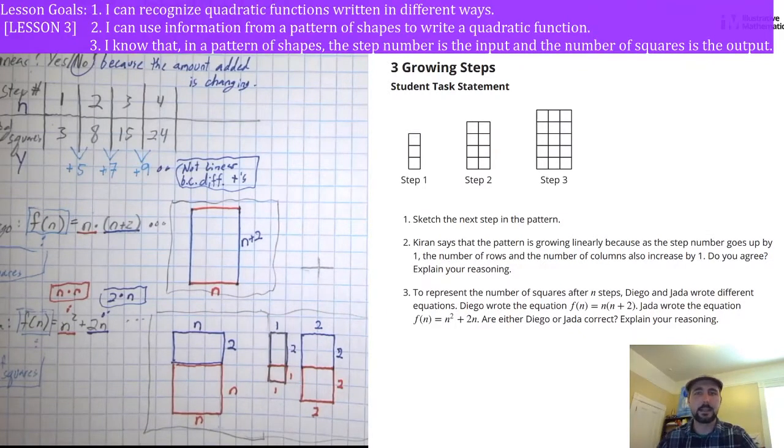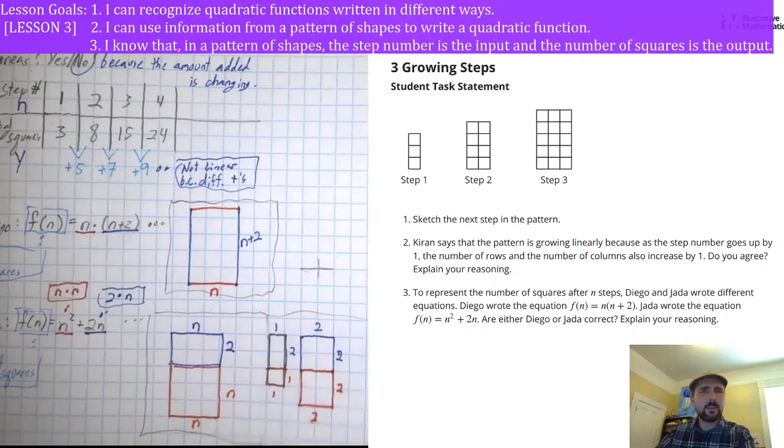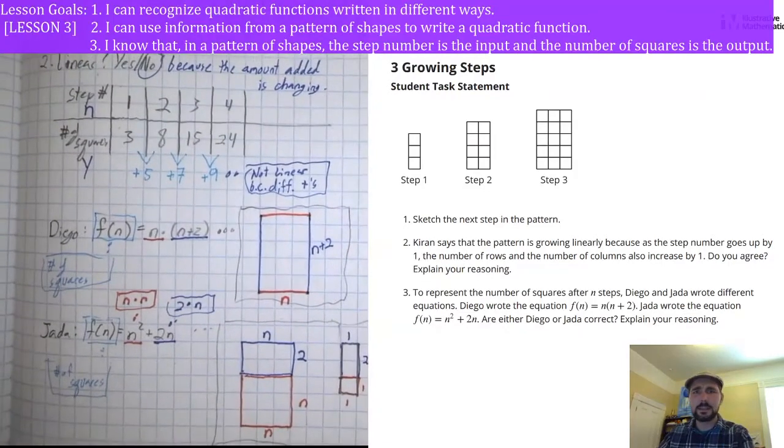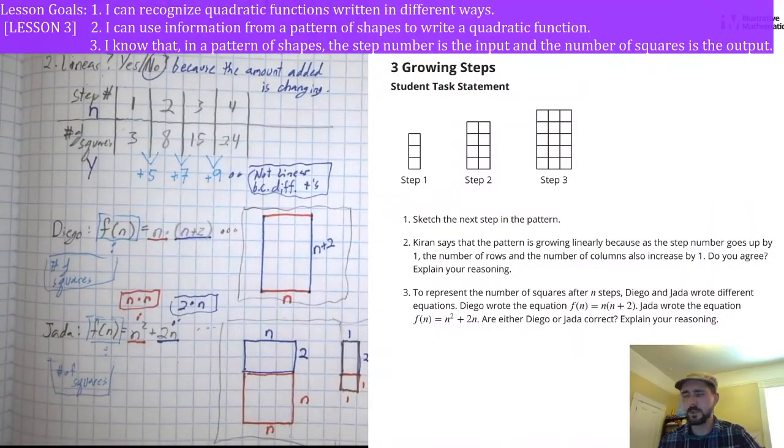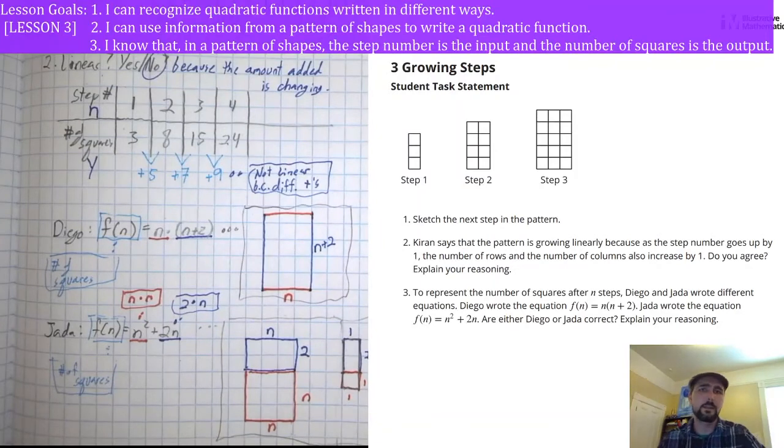Can you imagine it as a 3 by 3 square with a 3 by 2 cap on top? And so this is it, right? This feels very almost like an illusion. Like Diego and Jada were visualizing the rectangle in different ways, but it seems like both ways work. Both ways are correct ways of visualizing the rectangle.